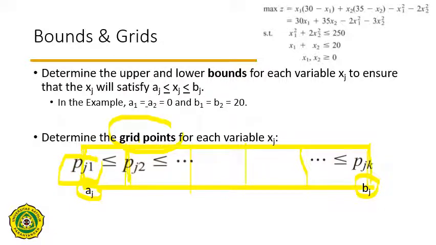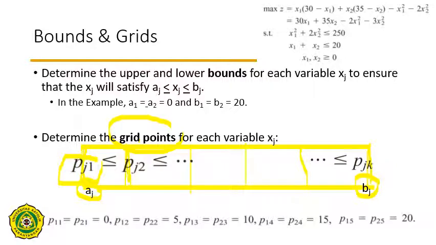the kth grid point of variable j. So going back to our example, we say that we're going to cut the range from 0 to 20 by doing this cutting from 0 to 5, and then 5 to 10, and then 10 to 15, and the final one is 15 to 20. Okay, so here we use the same grid points for both x1 and x2.